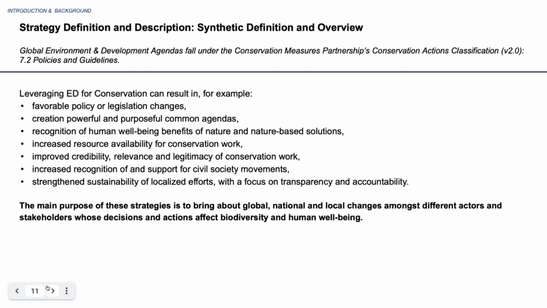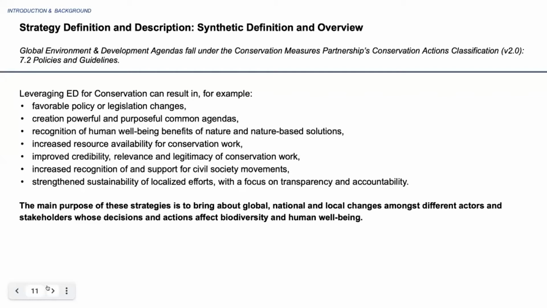You could end up with increased resource availability for conservation work, and also create greater credibility, relevance, and legitimacy of conservation work, because these agendas are so important at national levels and global levels. Potentially increase the recognition for civil society movements and strengthen the sustainability of these localized efforts.